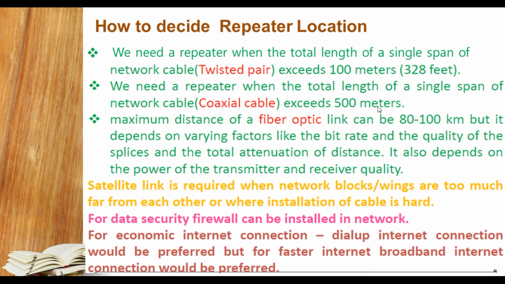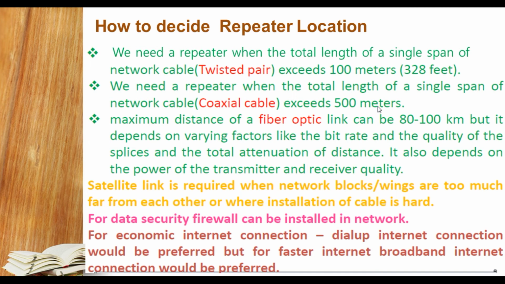So students, we use a repeater according to the distance of the wire and types of wires, but it also depends on factors like transfer bit rate, quality of the packets, total attenuation distance, the power of the transmitter, how powerful it is, and receiver quality.